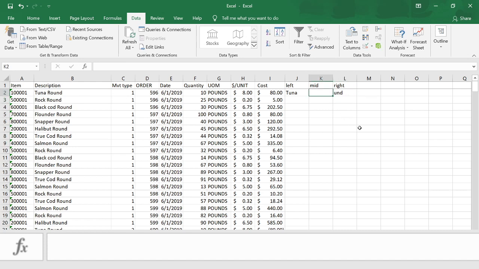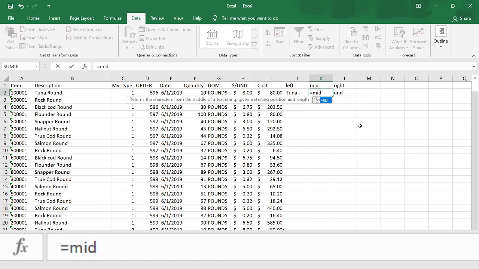So mid, it's the same concept. You go equals mid, parentheses, and this next digit, well, let's give it some text. So the next digit here is where you want it to start grabbing letters at.